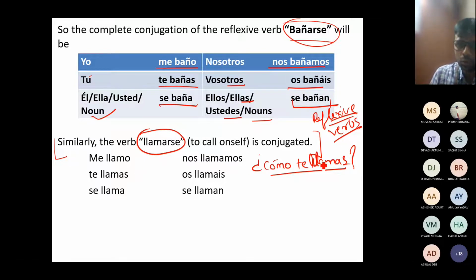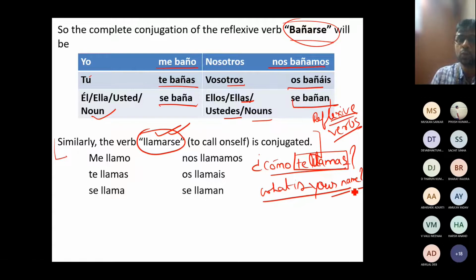This ¿Cómo te llamas?, which is for asking anybody's name, or what is your name, where does this te llamas come from? It is actually coming from the verb llamarse. I told you at that time also that in English the message which comes out of this question is "what is your name". But this was not an exact translation.